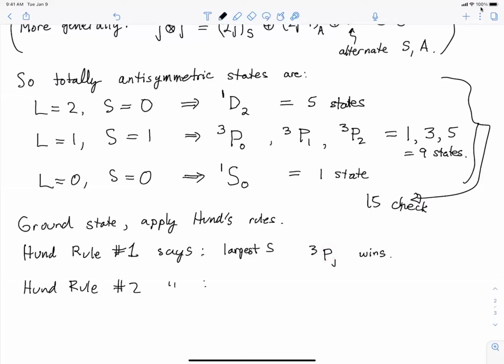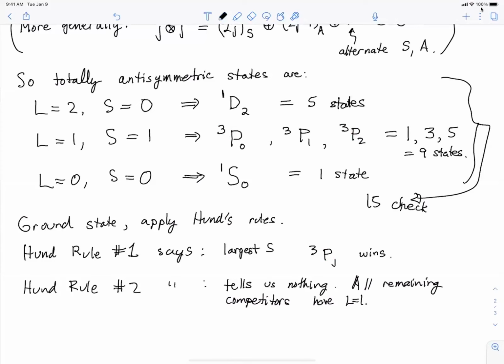And so that tells us nothing. It's not helpful. And that's because all remaining competitors have L equals 1, as indicated by the capital P.